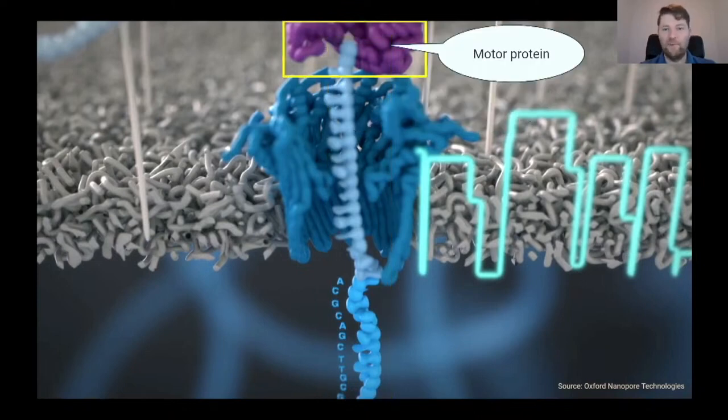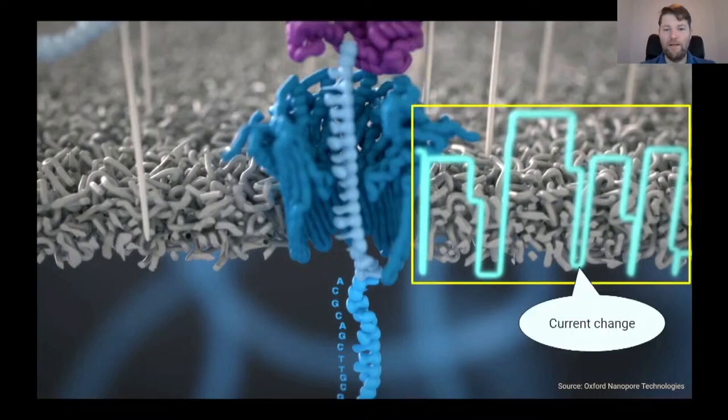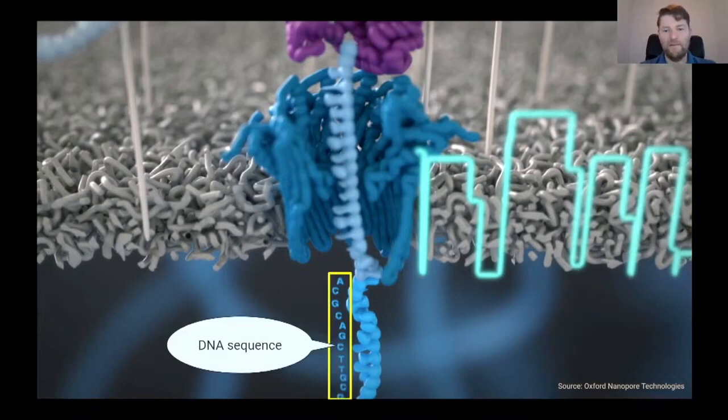And there's a motor protein that controls the speed of the DNA molecule. You don't want the DNA molecule to slip through the pore too quickly, because you want to measure a change in current that happens as the DNA molecule slips through this thing. And if you read out that current change correctly, you can actually detect which specific DNA sequence it was that slipped through, because each of these bases induces a slightly different current in the readout.